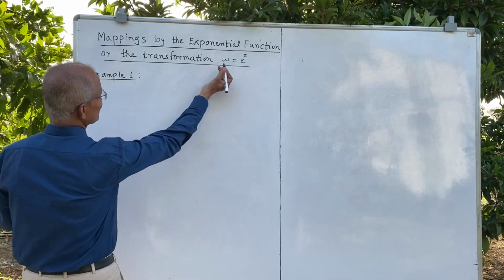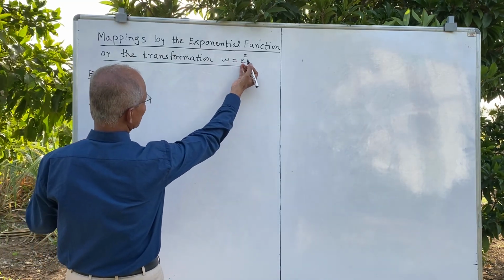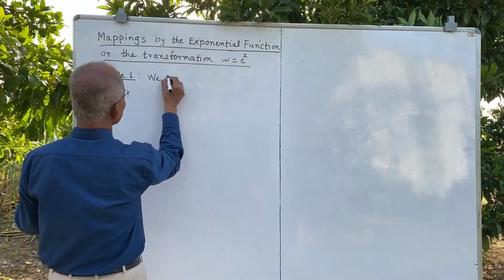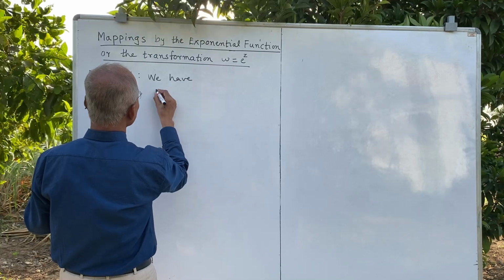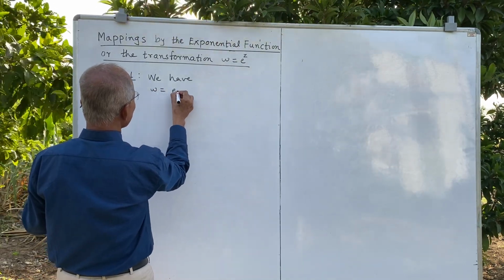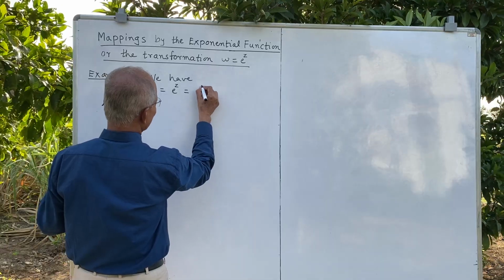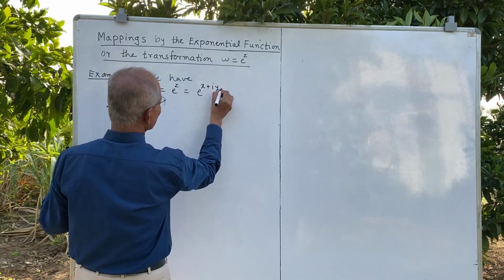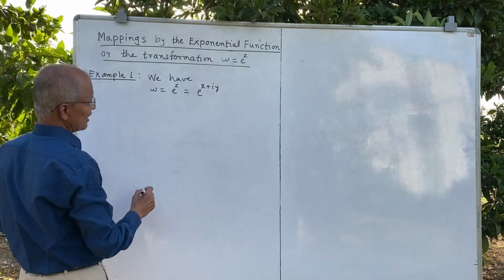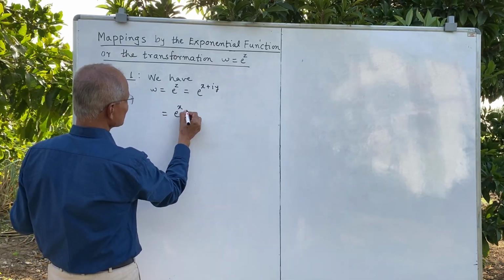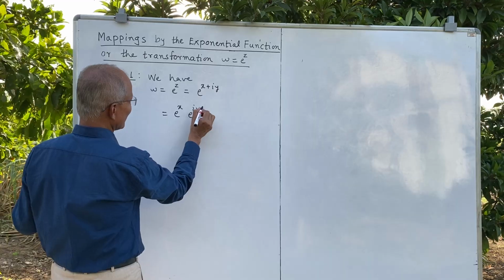Now we have the transformation w is equal to e power z, and we know z is x plus iy. So therefore it becomes e power x plus iy, or that can be written as e power x into e power i y.